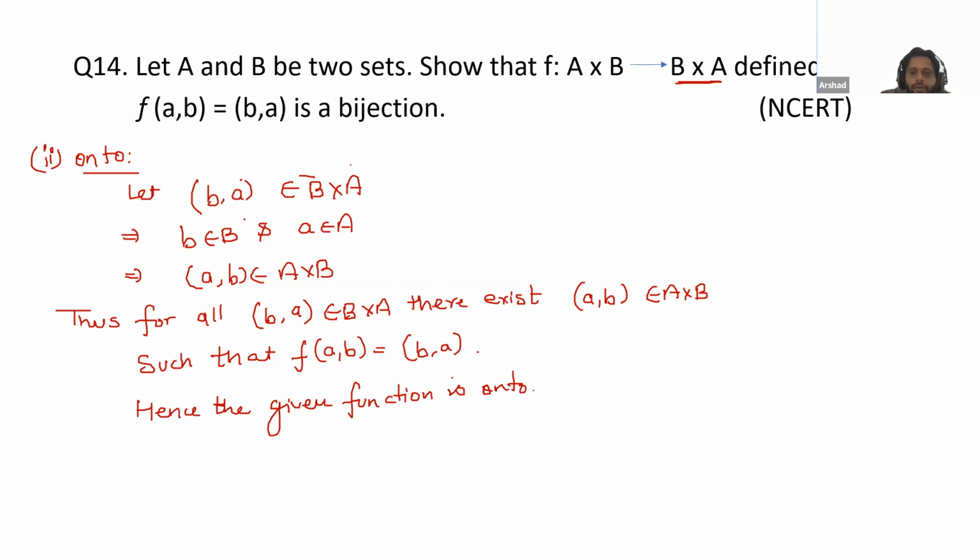Umair, please check here. For onto, we always assume a value from the second set.